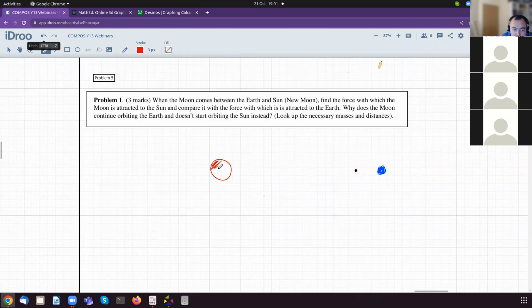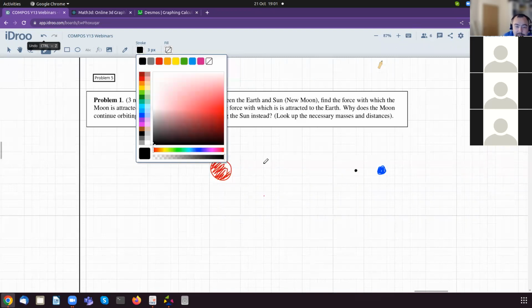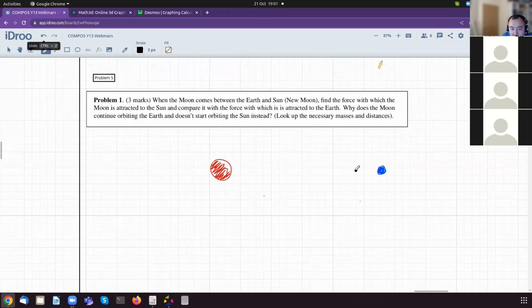well, we know gravity. It experiences gravity, and this is the force of gravity. The one way, because the sun is attracting it, and the force from the Earth. And which one do you expect to be bigger?